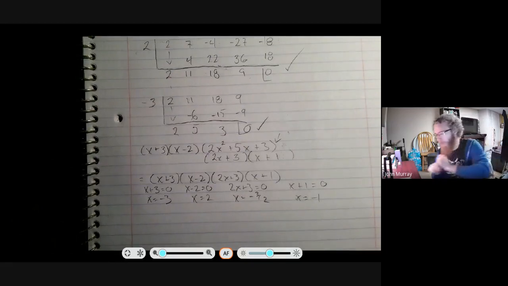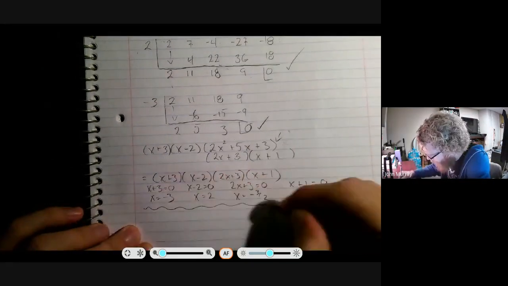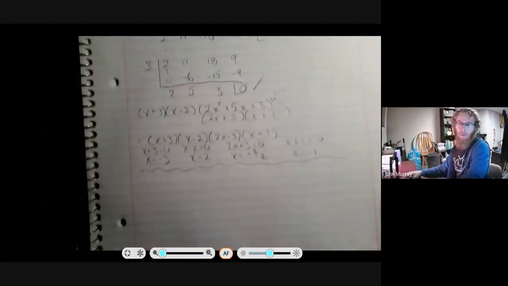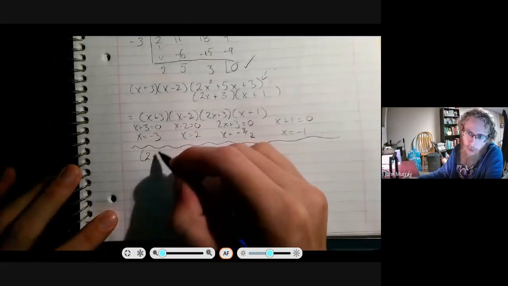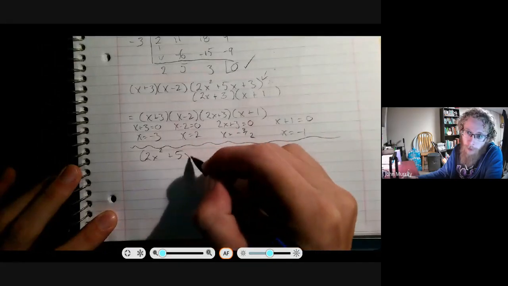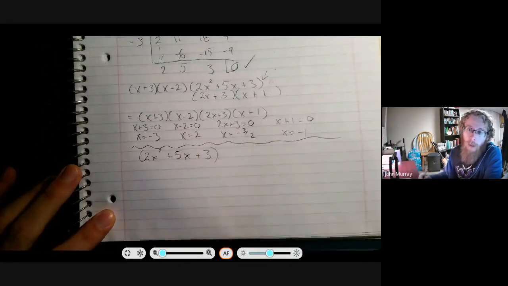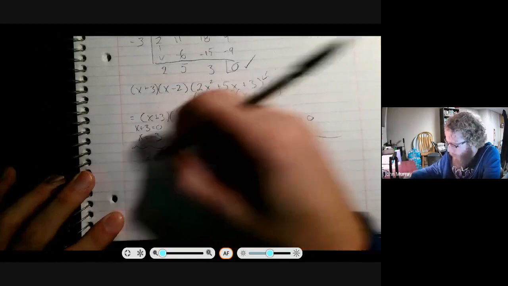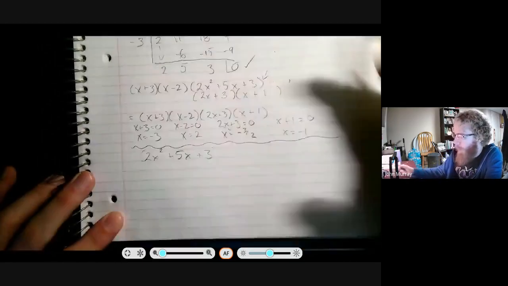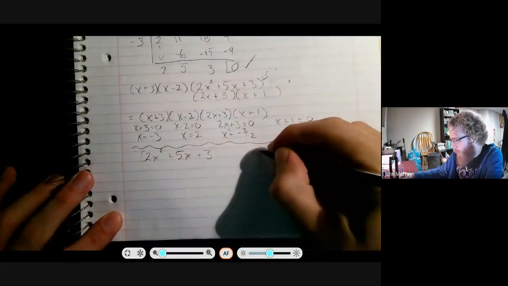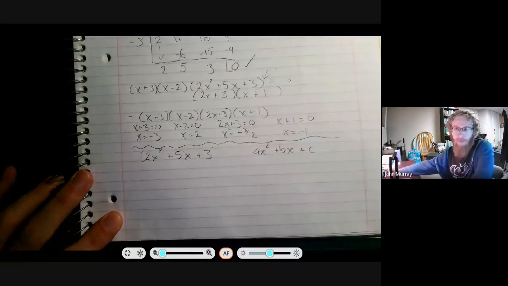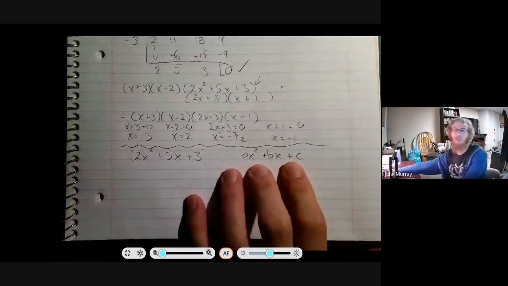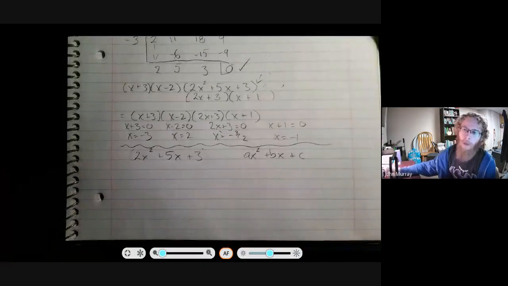All right. So let's do a little side lesson here. So let's just say we had, what we had up here, 2x squared. Okay, so here we have a trinomial that's in quadratic form. All right, that would be ax squared plus bx plus c.